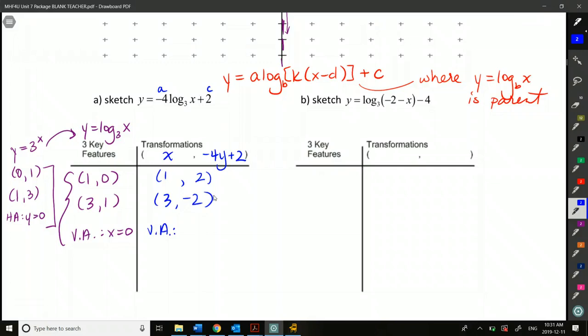Liam? So if I think about a vertical asymptote and I think about a vertical shift, if I shift a vertical asymptote up 2, does it move the location of the asymptote? So the d value will actually change this. Because we have a d value of 0, the asymptote will actually stay at x equals 0.